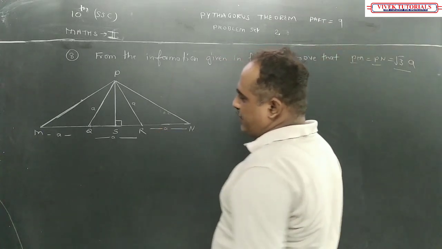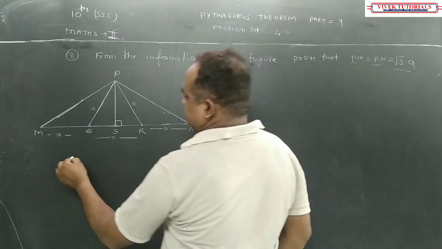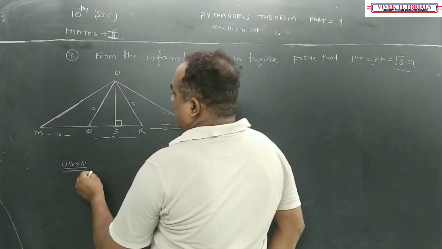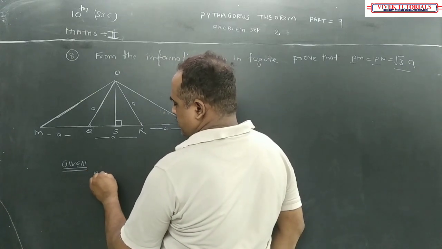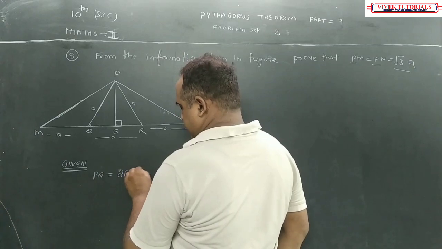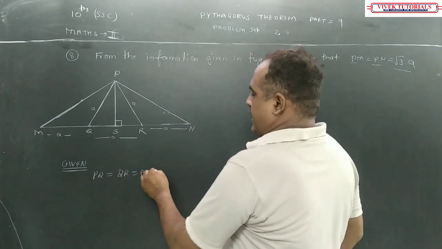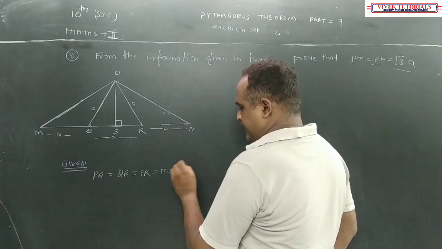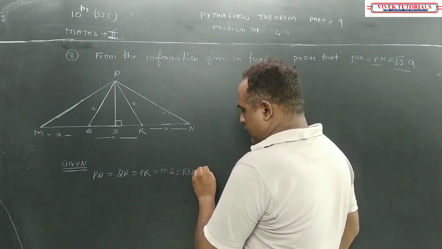So this is the figure they have given to you. We can write as given: PQ is equal to QR is equal to PR is equal to MQ is equal to RN is equal to a.